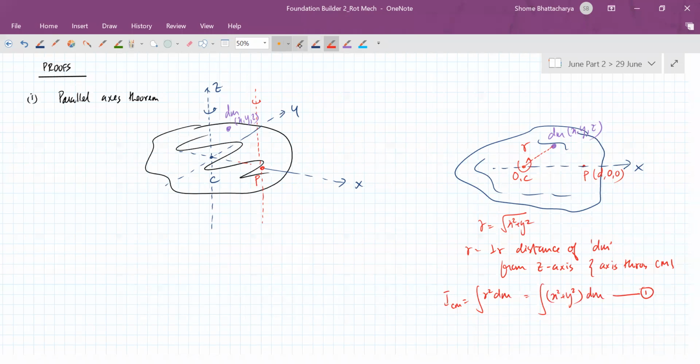Now consider the same particle with respect to the axis passing through the point P. The perpendicular distance of the particle from this axis is this one, let's say r prime.